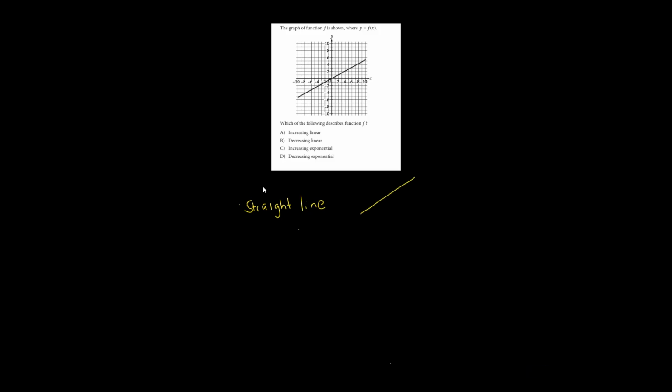So from our options, we realize we have increasing linear and decreasing linear that satisfy the part that has linear. So our next question is, is it increasing or is it decreasing?